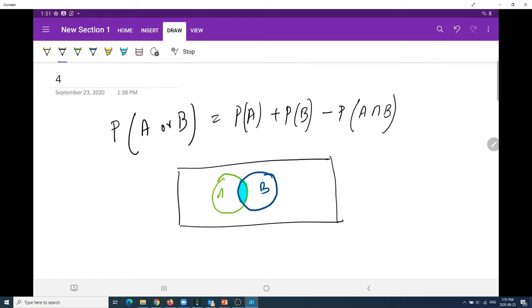And that shaded area is your A intersection B area.